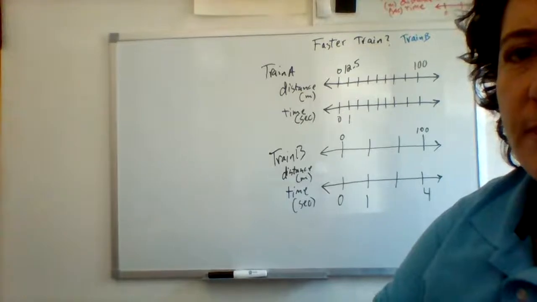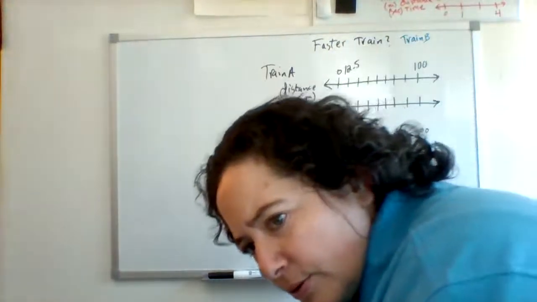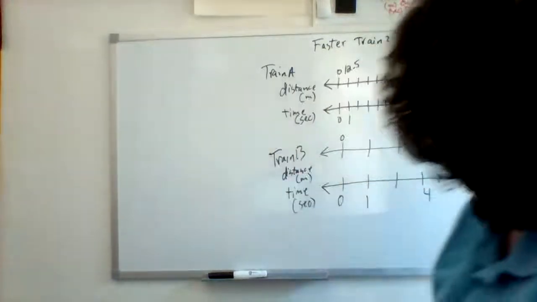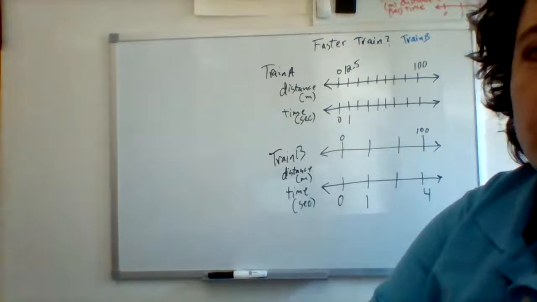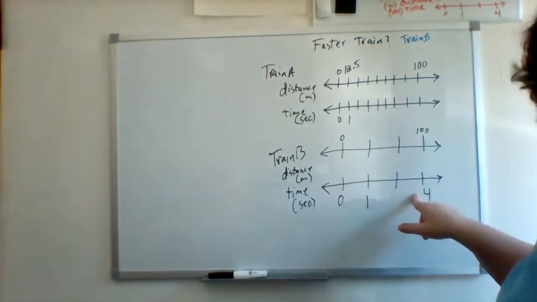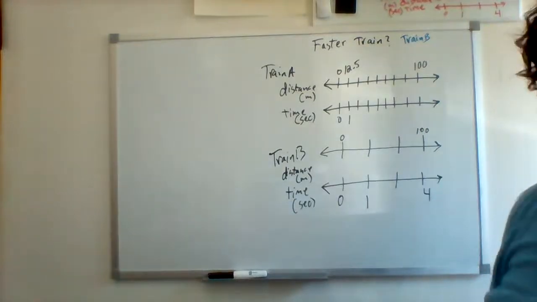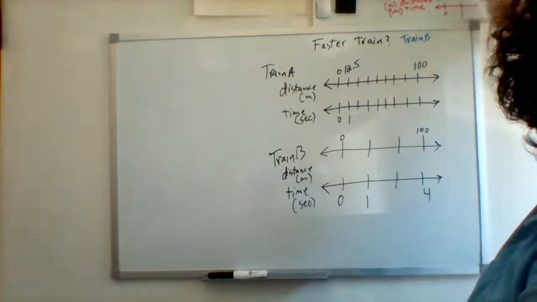Is that true? Let me see if I made a mistake when I drew it. 1, 2, 3. They're supposed. Oh my God, I did it again. I did this with the 8th grade too. It's like I can't draw a diagram. There's supposed to be another tick mark in here. This is terrible. It's like I can't count.